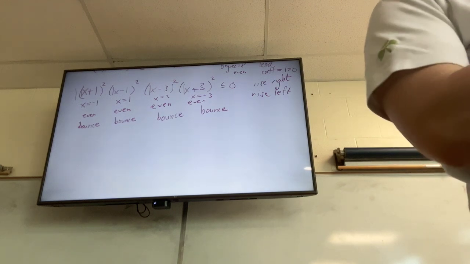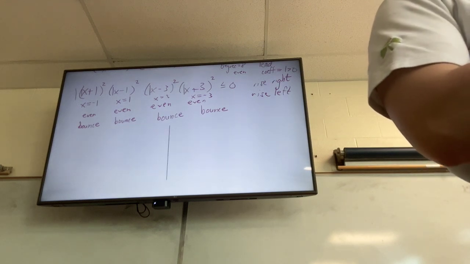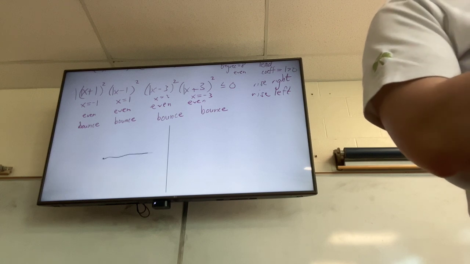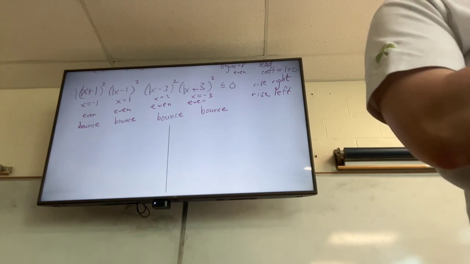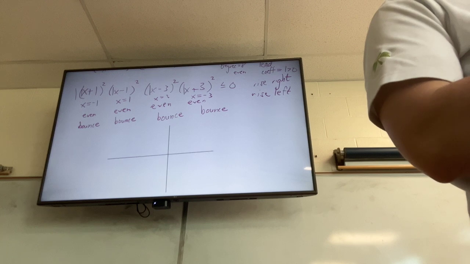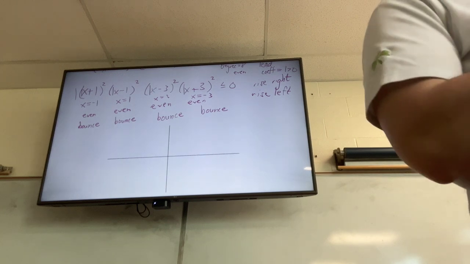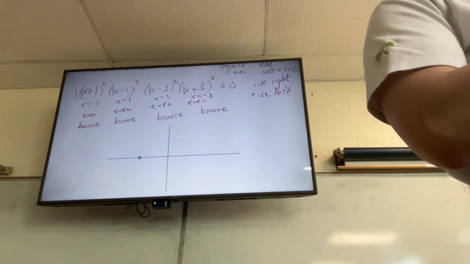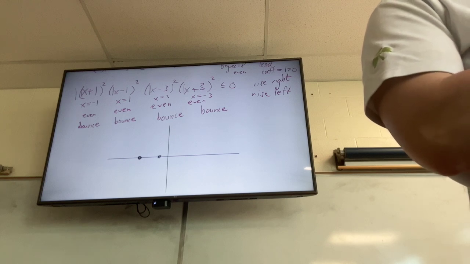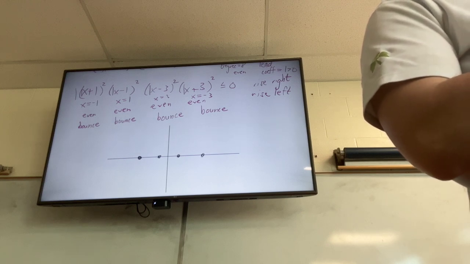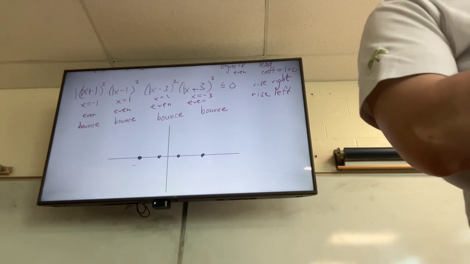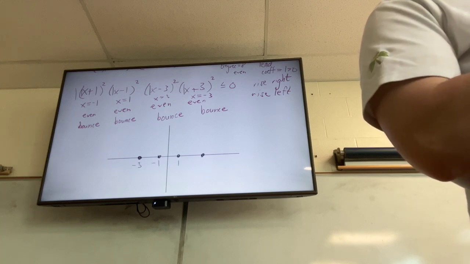Let's go ahead and graph this. This is a fun one. Okay, so I'm going to plot my zeros with what kind of circle? Closed, right? Solid dots. So -3, -1, +1, +3.